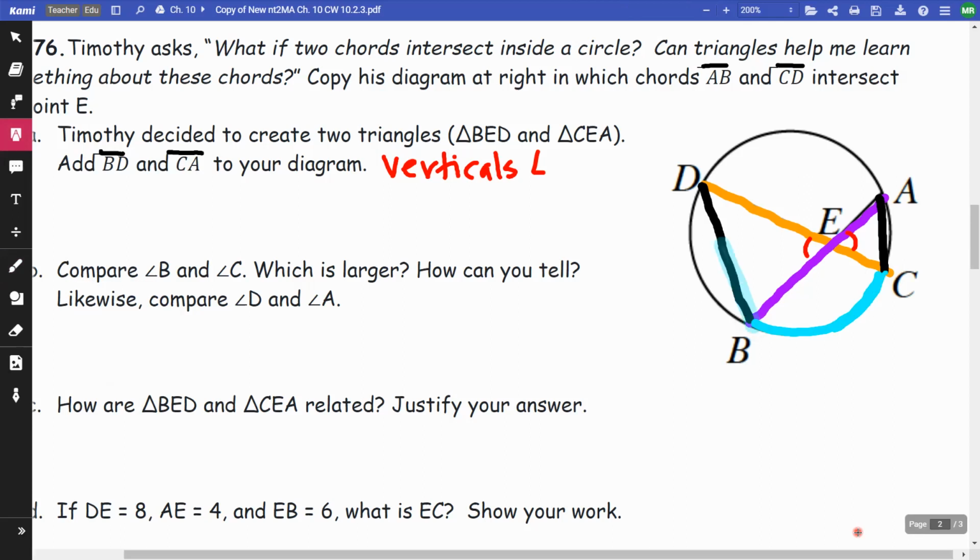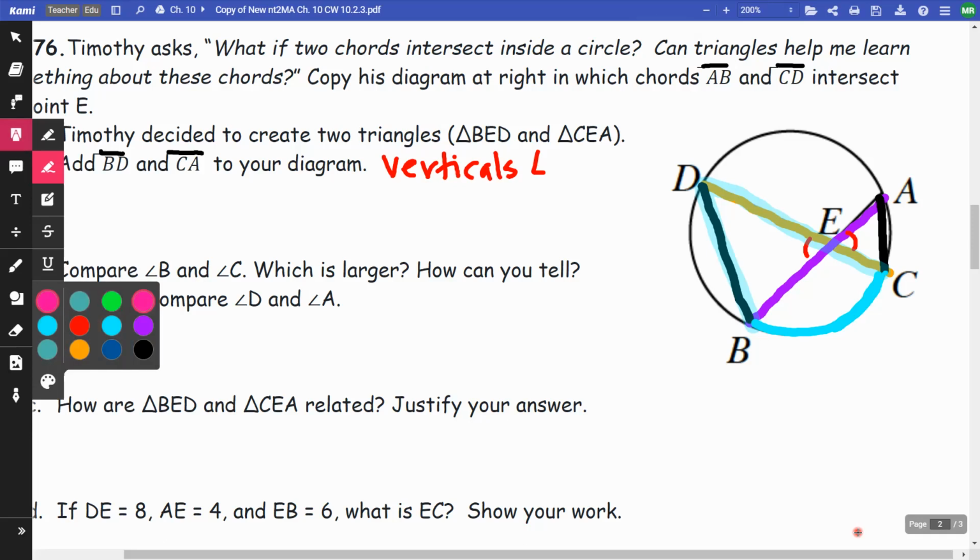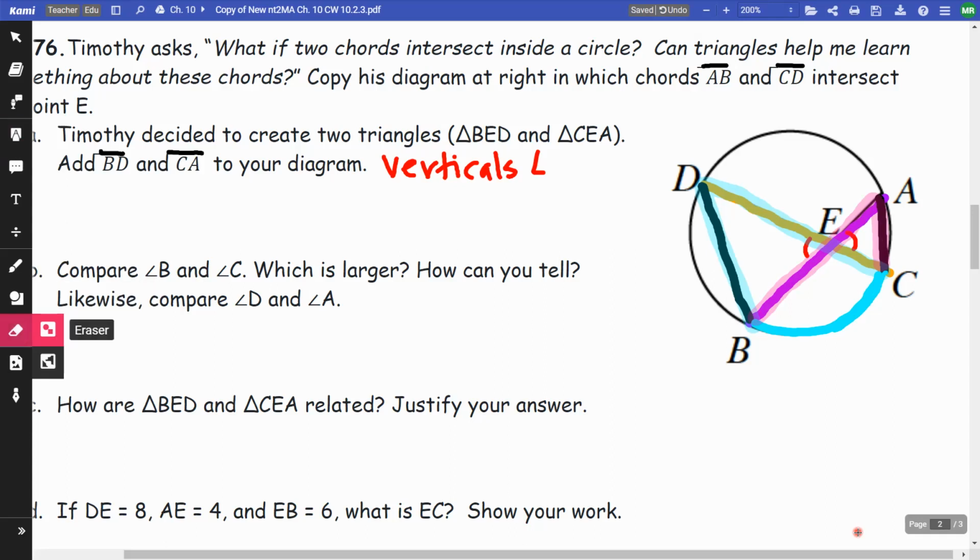So this one here is going to form that, so that's BDC. And I'll do it in a different color. This one here is going to form that same one. So that means that those two angles are going to be the same.